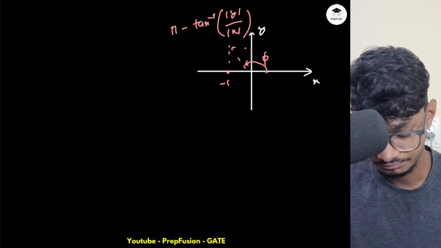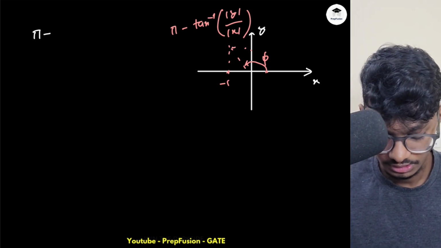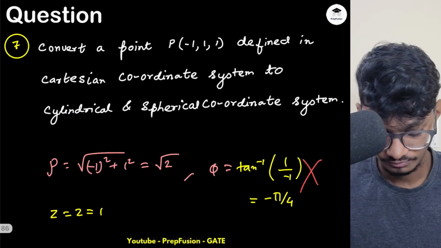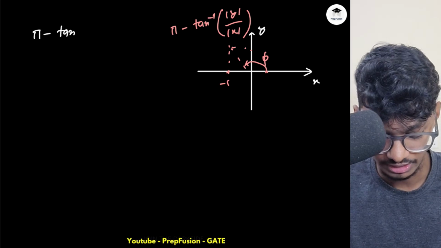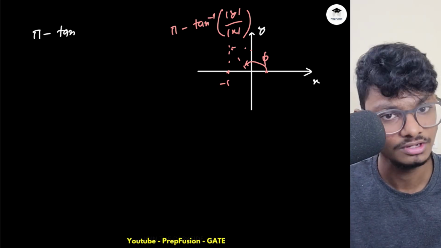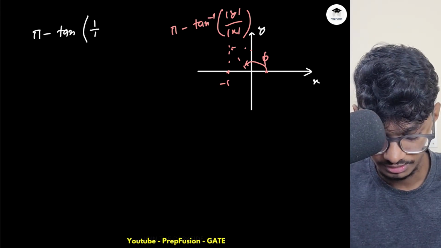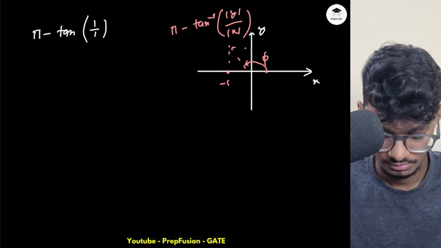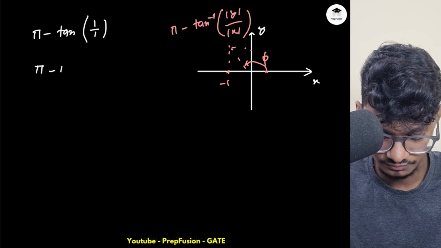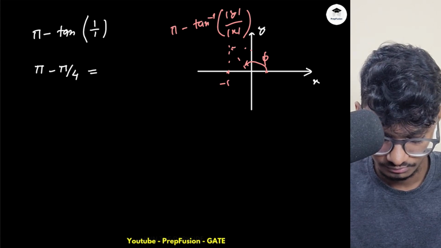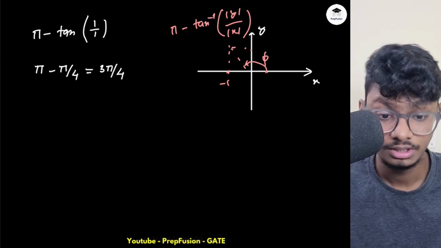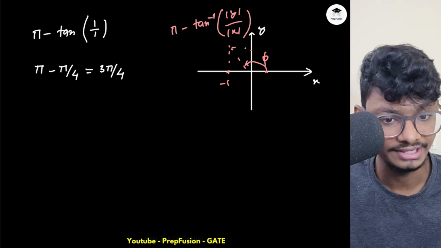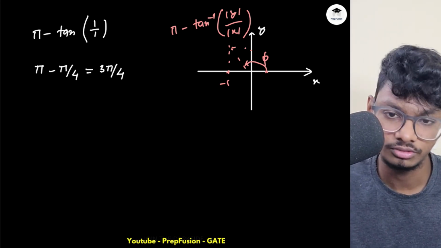Pi minus tan inverse of the magnitude, I will not take care of the sign, because I already have taken the effect of the second quadrant. So this will be 1 by 1, pi minus pi by 4, this will be 3 pi by 4. So this will be the actual angle, not the minus pi by 4. That is wrong. So that's how you do this.